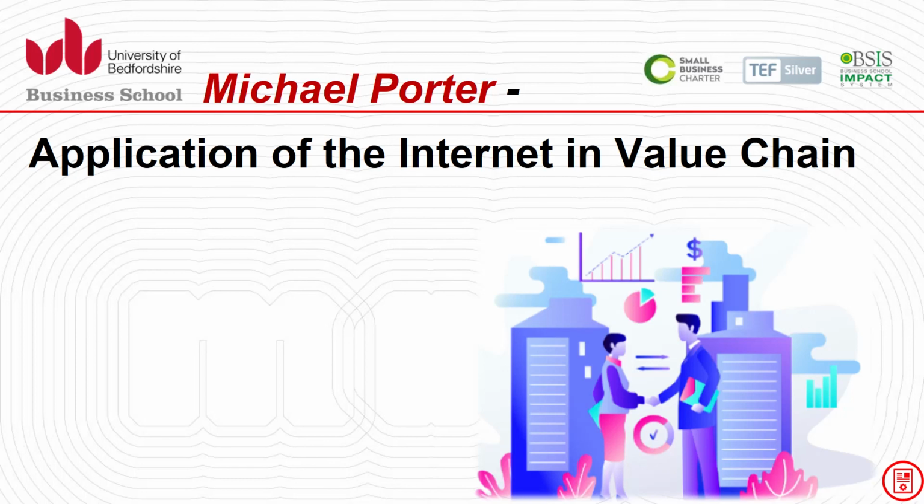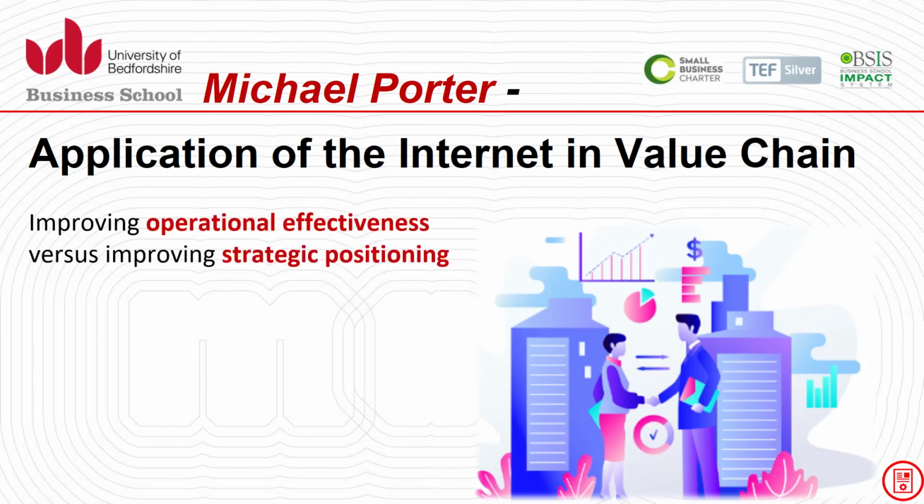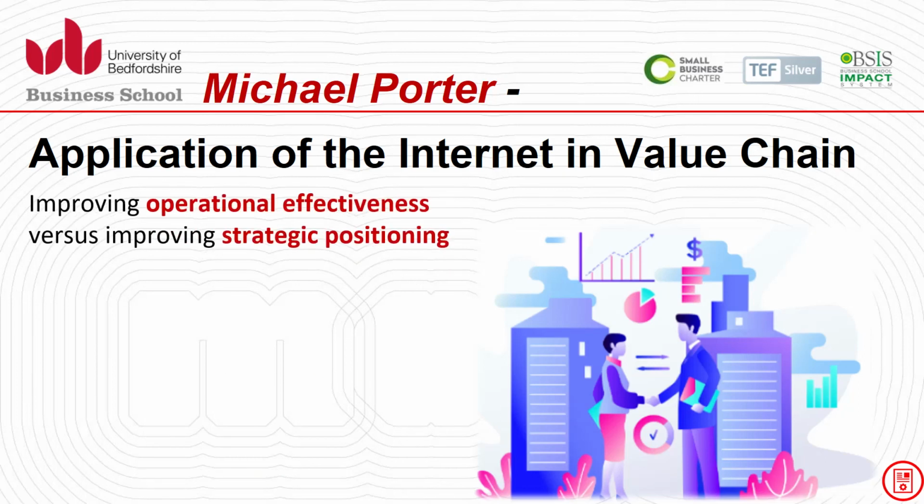You can look into the article and we will have a discussion. Improving operational effectiveness versus improving strategic positioning is one of the key features, because the internet is an extremely important new technology in the business world today, and it is no surprise that it has received so much attention from entrepreneurs, executives, investors, and different business observers and customers.